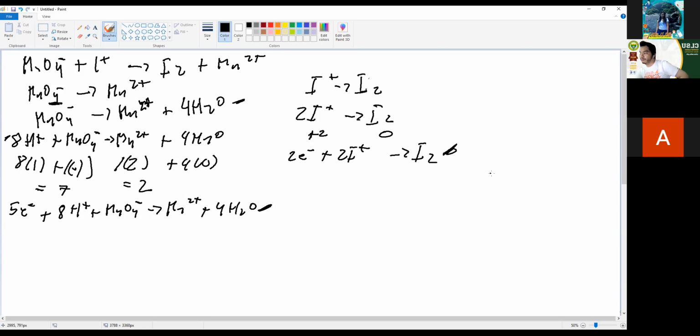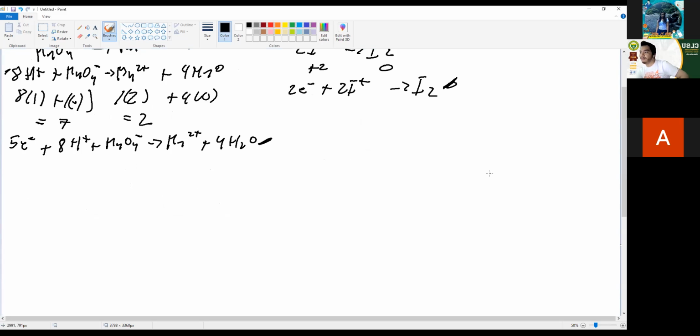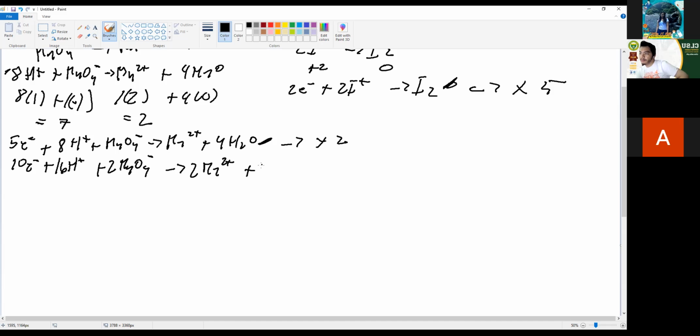So yun nga, sabi ko, do it as if it were acidic. So, similarly, we will multiply this times 5 and then we will multiply this by 2. So, mangyayari, 10 electrons, kasi di ba pag i-equate natin dapat yung electrons. So, 10 electrons plus 16H plus 2 MnO4 negative will yield 2 Mn2 plus 16 water.